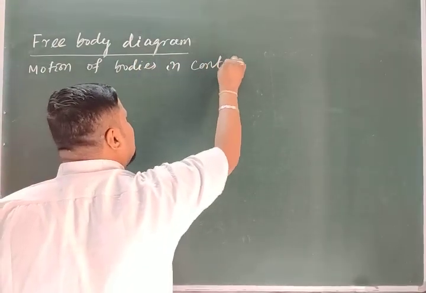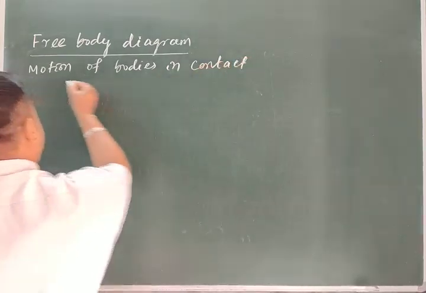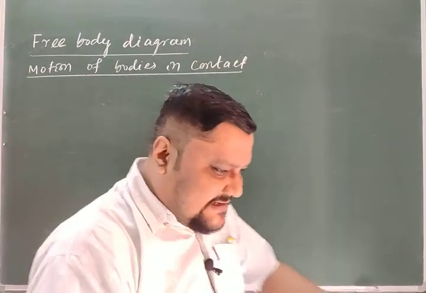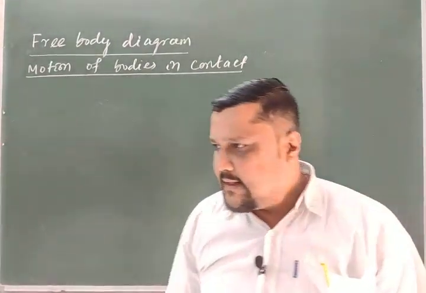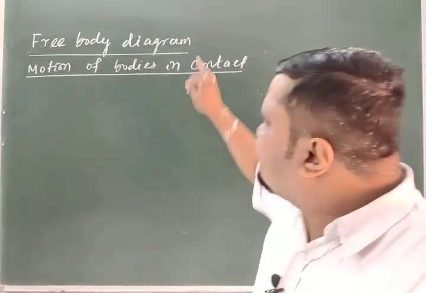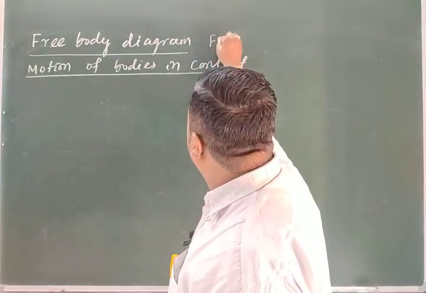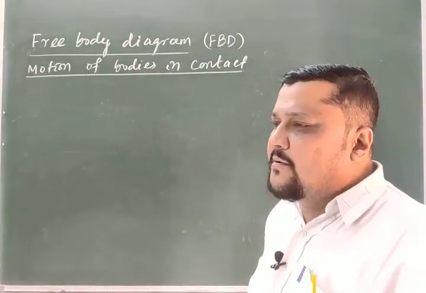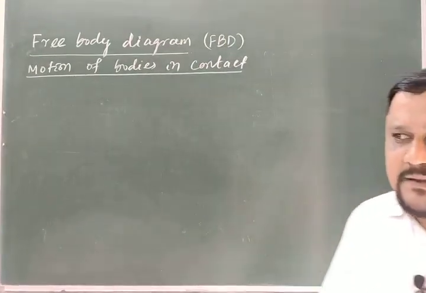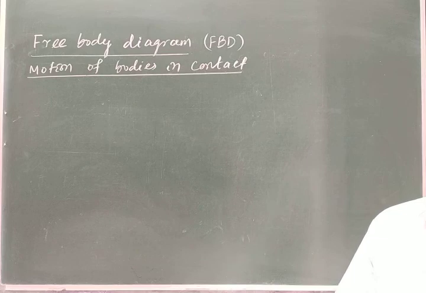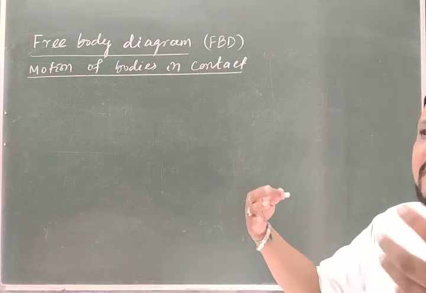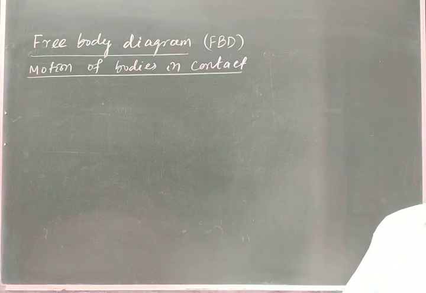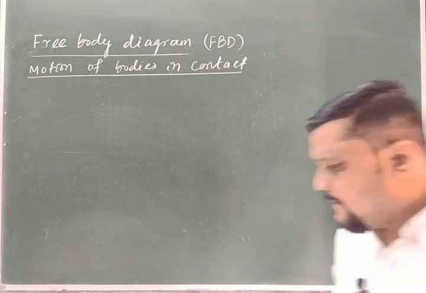It means the two bodies have a physical contact between each other, and we will apply this free body diagram, also short form FBD. How we will find the acceleration, and what is the force acting on the body, and what is the force at the point of contact between the two bodies, that we will discuss in this section.